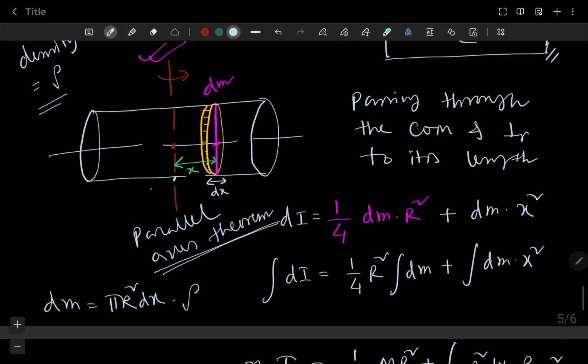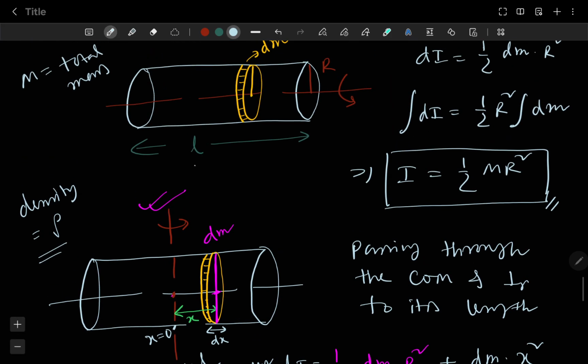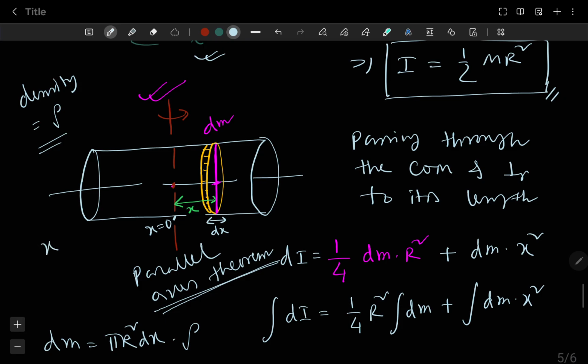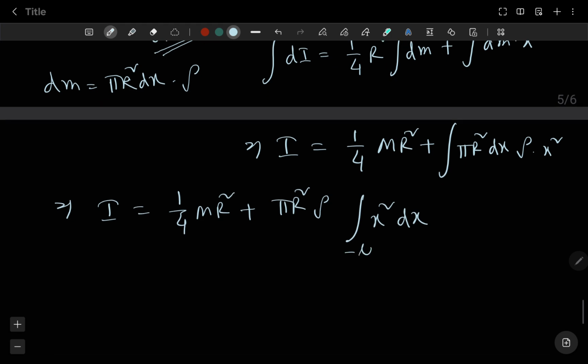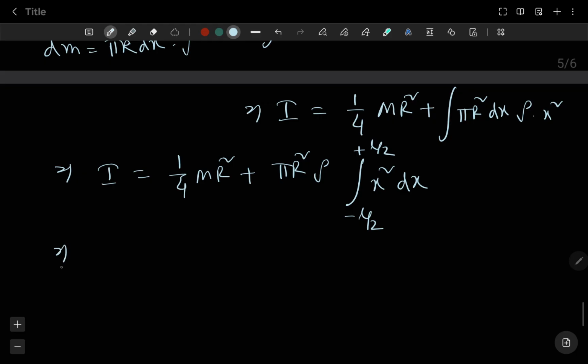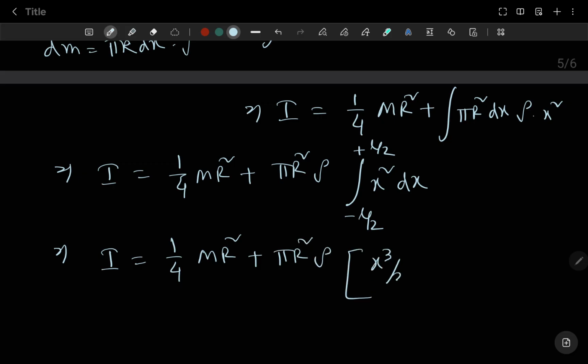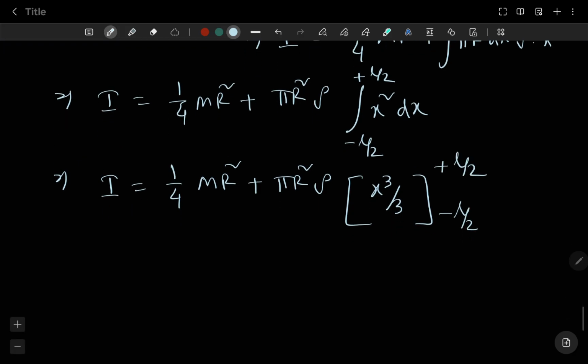Now this is the origin, x equals 0, and the entire length is L, so the limits will be x equals minus L by 2 to x equals plus L by 2. So I equals 1 by 4 M R square plus pi R square rho times x cubed by 3 from minus L by 2 to plus L by 2.